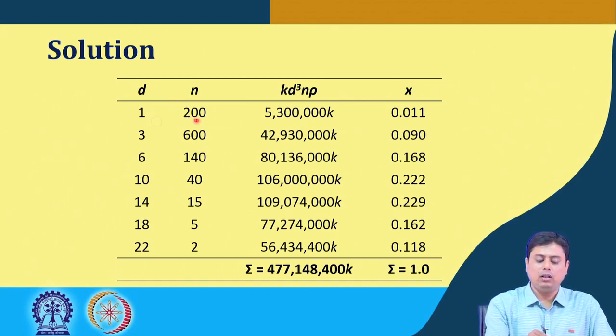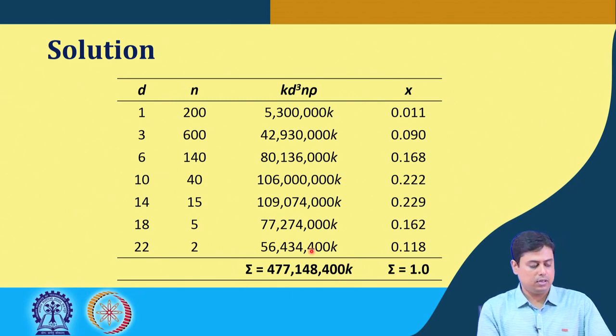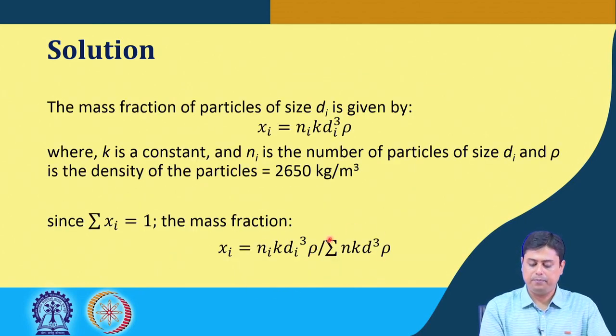Similarly, for all the d sizes, we can calculate this particular parameter. Then we sum it up and we calculate the overall value of k d cubed rho. Fine. So, this gives us this part, the denominator.